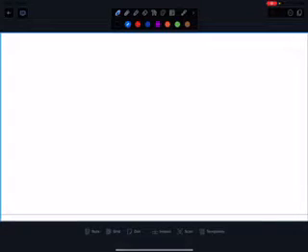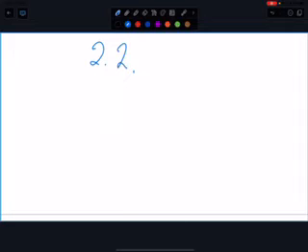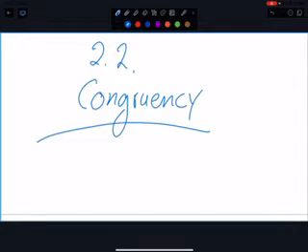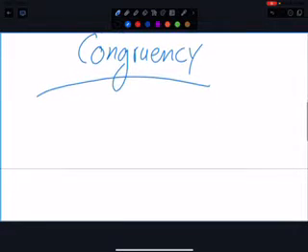Congruency, chapter 2.2. What is the definition of congruency? Same size, same length.